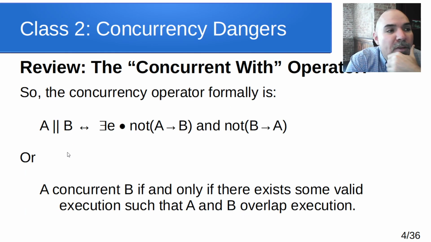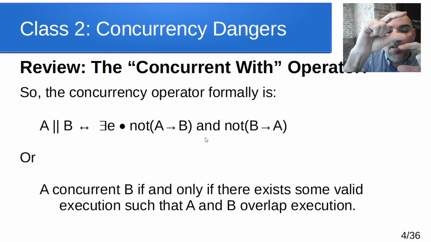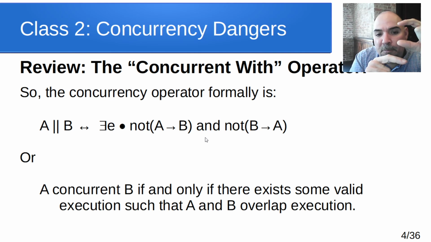The formal definition of that, which we saw last time, was there exists some legal execution such that A does not come before B and B does not come before A. If you think about what that means, the only way that could happen is if they overlap in some way. Could be like this, could be like that, could be anywhere in between those extremes. But there exists some legal execution where they're allowed to overlap.